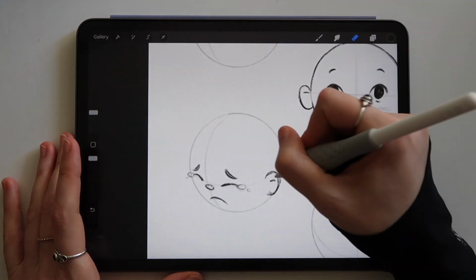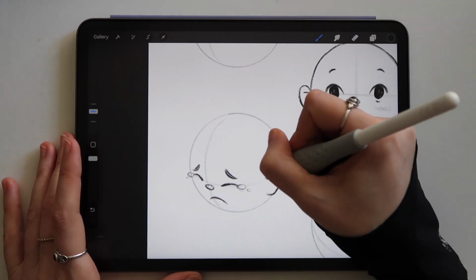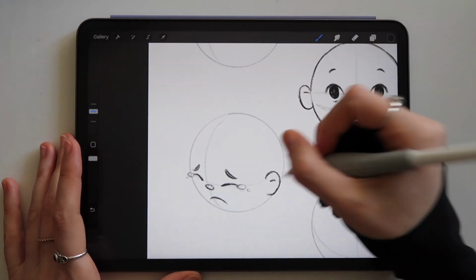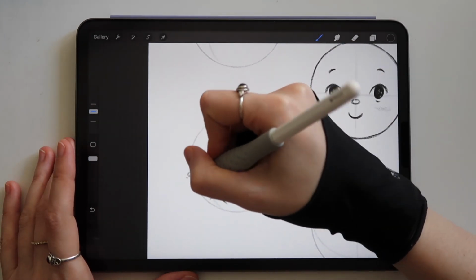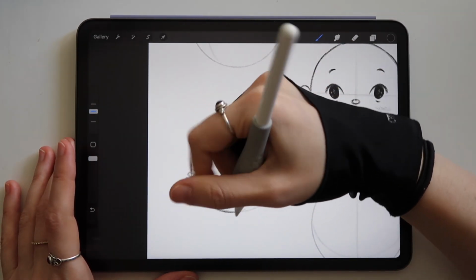Last but not least, the head. Always follow the guidelines and don't forget to replicate the same features as for the other expressions. Keep it consistent among all the expressions.